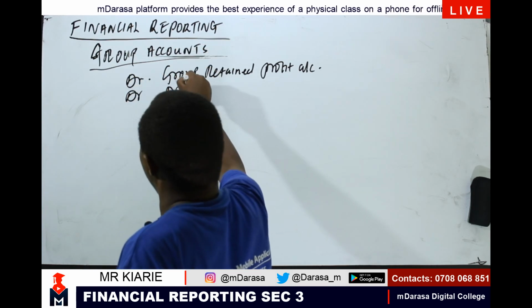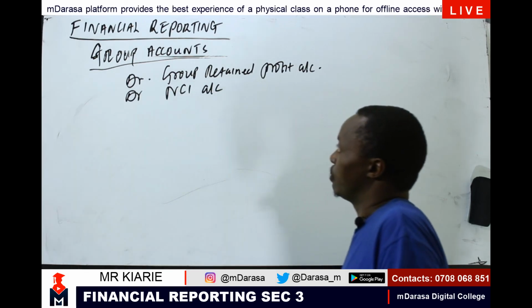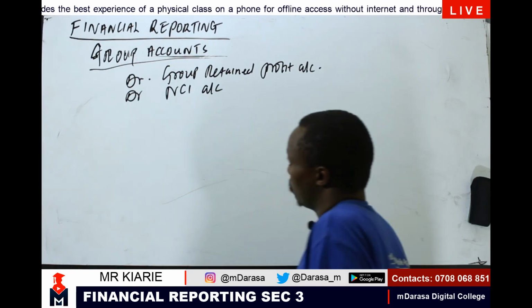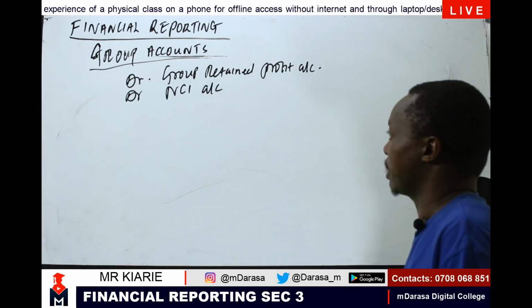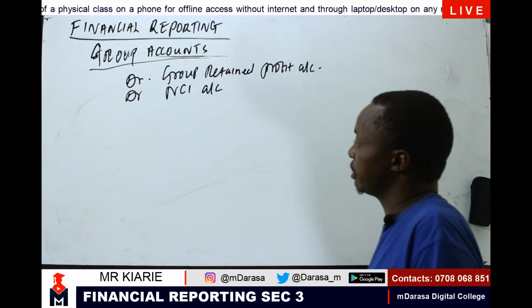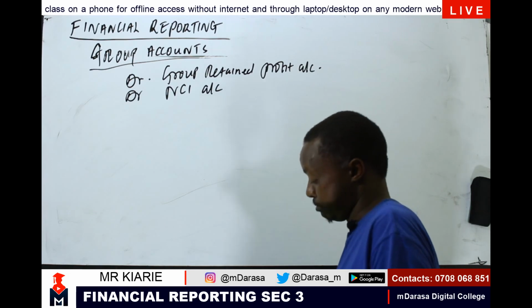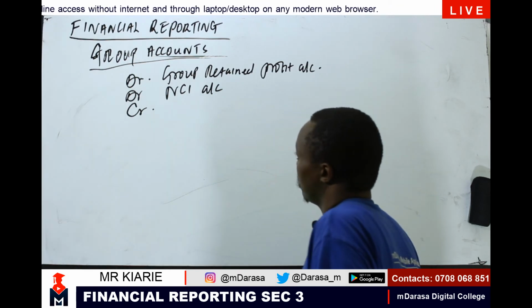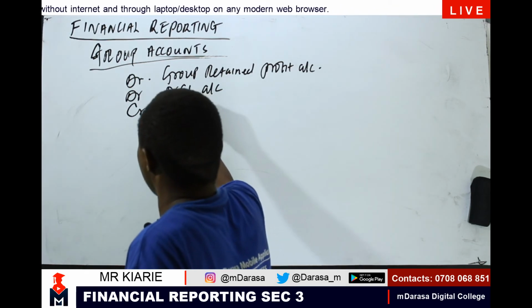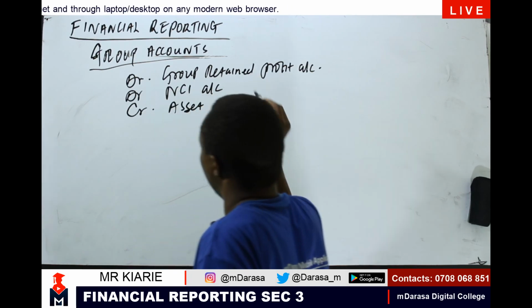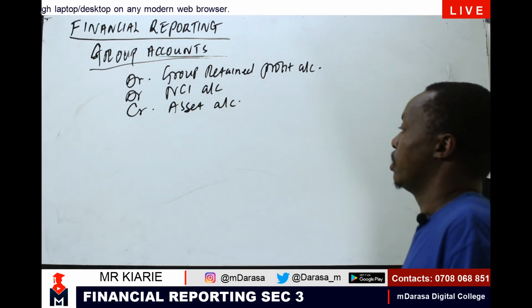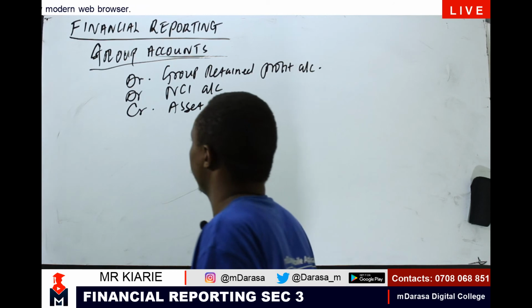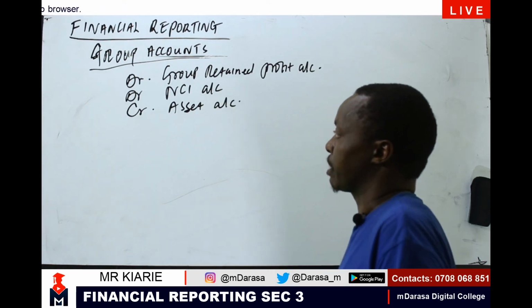You also debit NCI account with its share of depreciation, and then you credit asset account with the total depreciation.